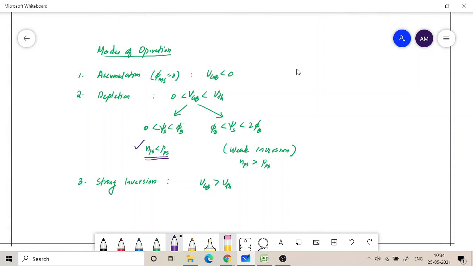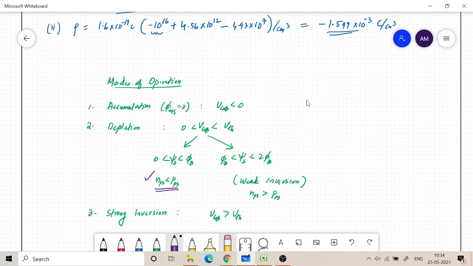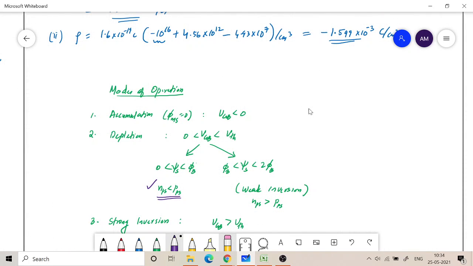Sir, in the above weak inversion, in place of 2 phi B, will that be VTH or 2 phi B? It will be 2 phi B because I am using psi S. VTH I specify with respect to VGB.